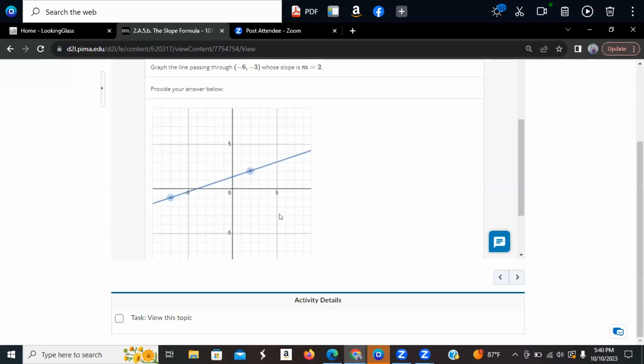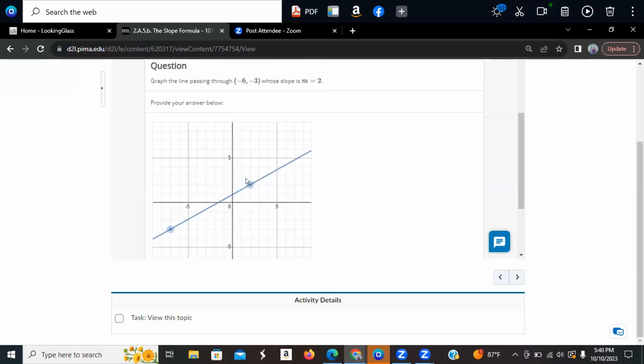So you're down 1 right there. There you go. Would it be up 2? Up 2 and then right 1 from that original point.